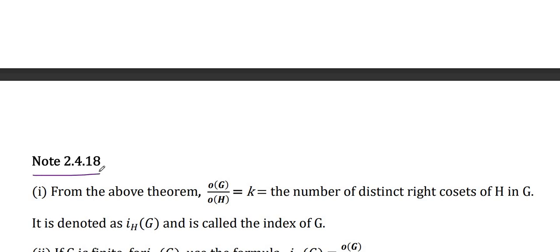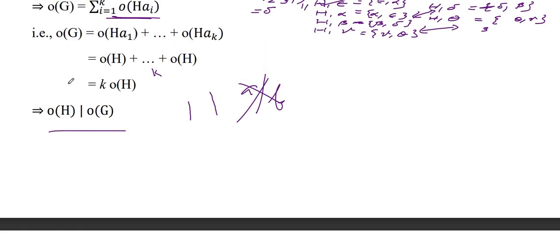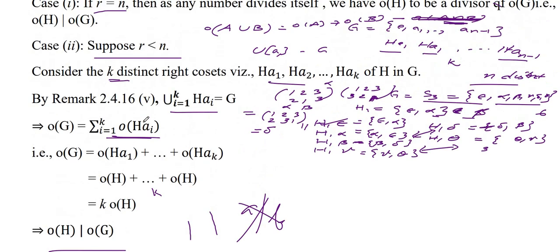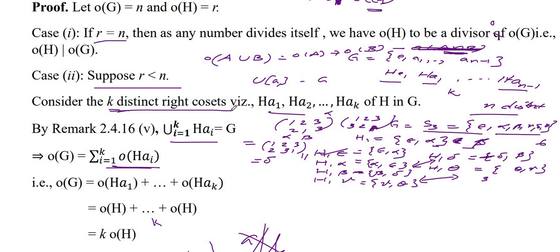As a consequence of Lagrange's theorem, we get this statement about the number of distinct right cosets of H in G. We have mentioned here order of G is K times order of H. What was assumed as K? K is nothing but the number of distinct right cosets.